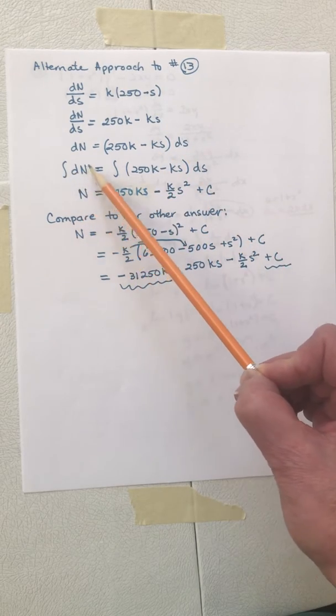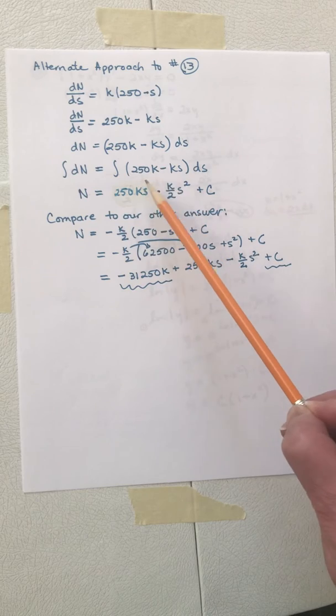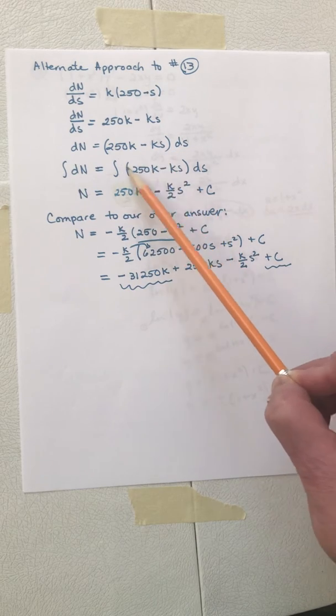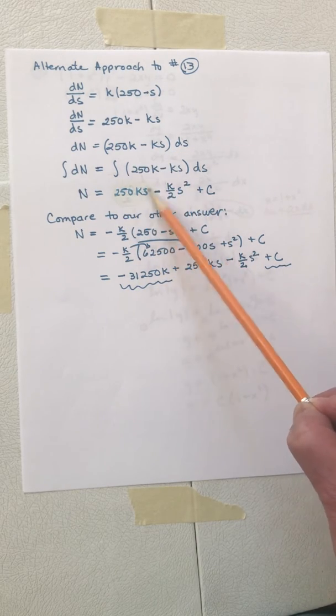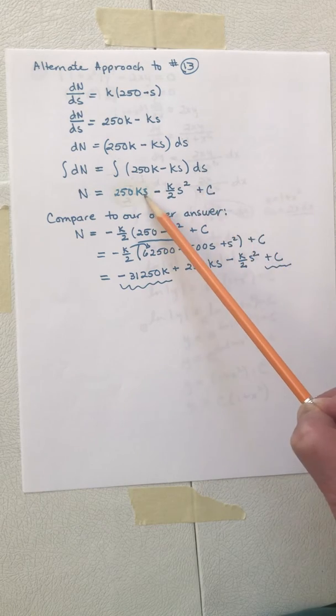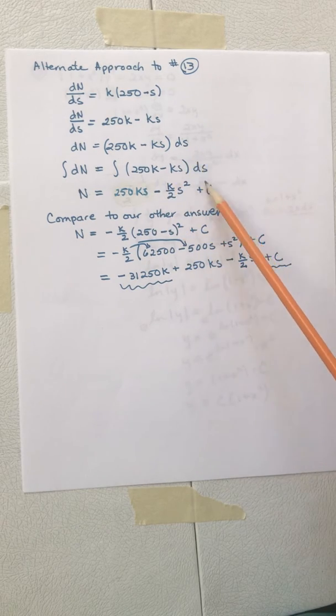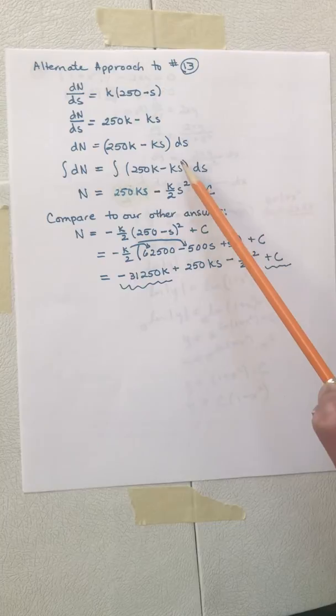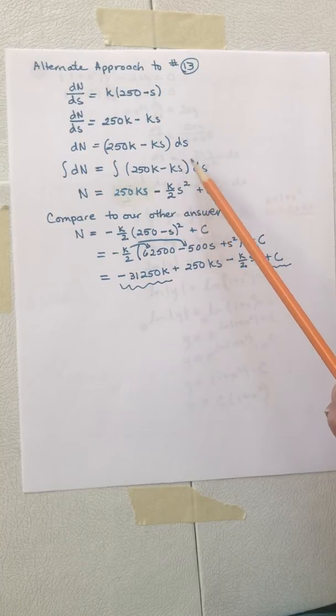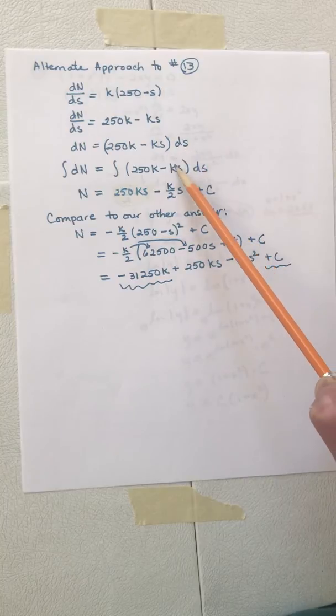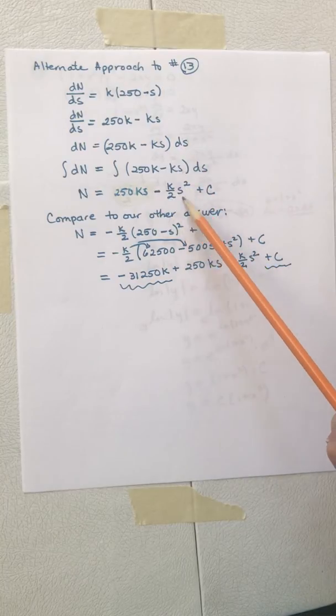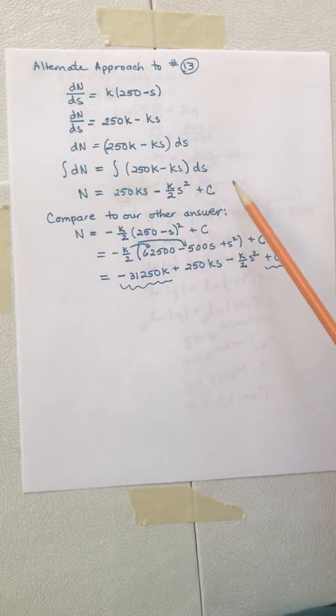If you integrate 1 dn, you get n. All right, so our 250k integral of that turned out to be 250k s. Our variable is s. Minus the integral of s with respect to s is really 1/2 s squared. But we have this k, and 1/2 times k would be k over 2 s squared plus c.